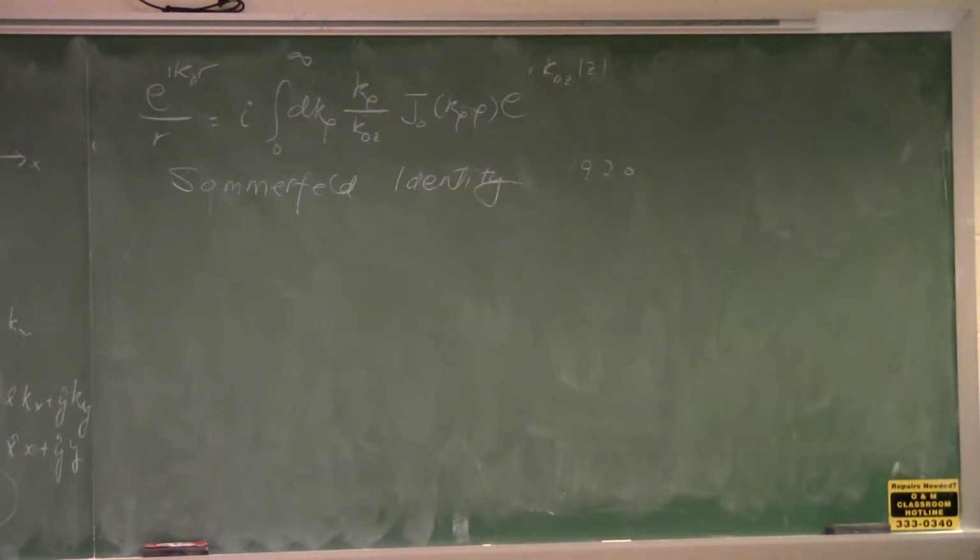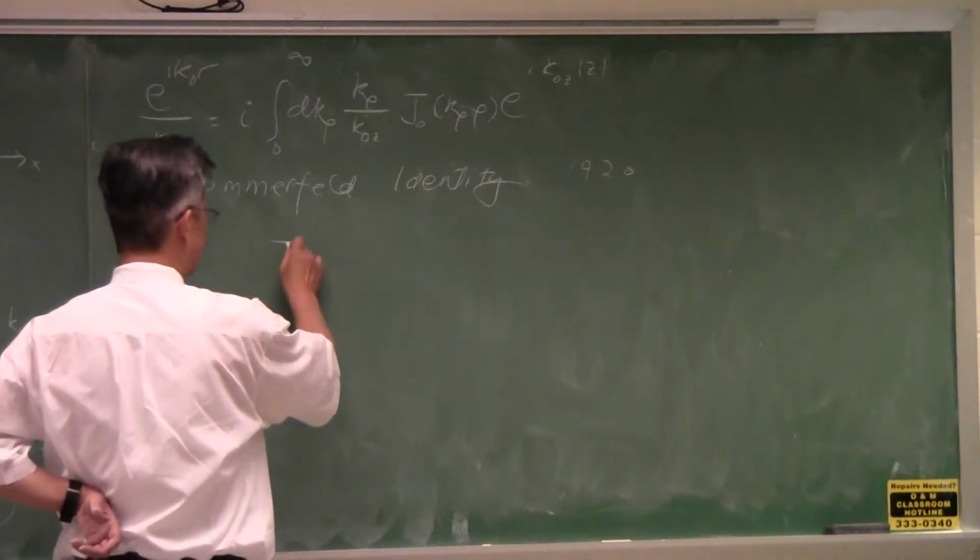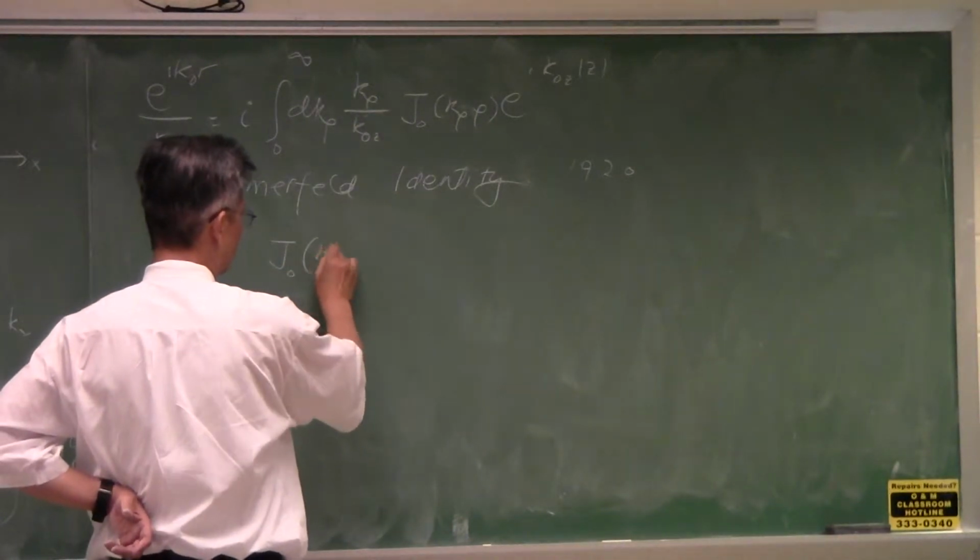So that is the Sommerfeld identity, which is now in terms of only just one integral, and which is in terms of Bessel functions. And just now you asked me what other functions are complete. Actually, Bessel functions are also complete. You can show that this is true.